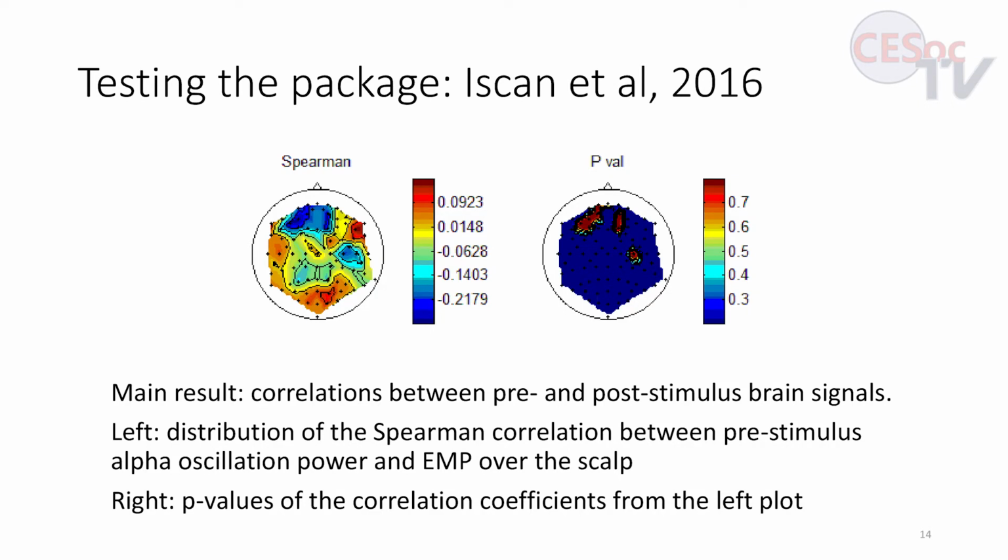And here you can see how the correlations can be plotted on the scalp. And not only correlations, but also p-values. So you can see that only the frontal part, for example, showed. This is for oscillation power, and this is for standard deviation over the scalp.